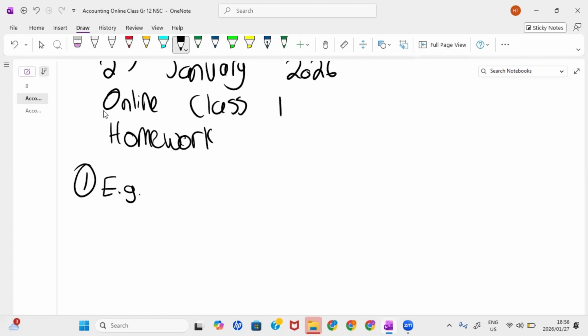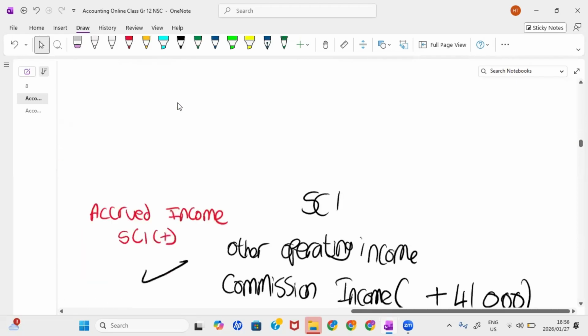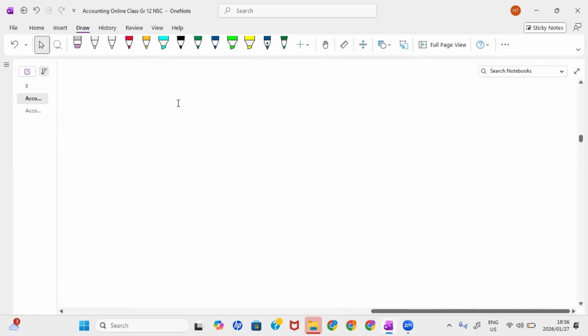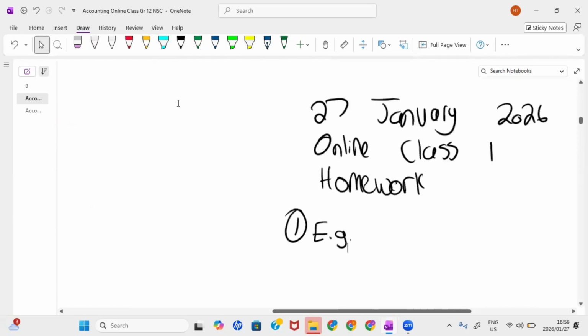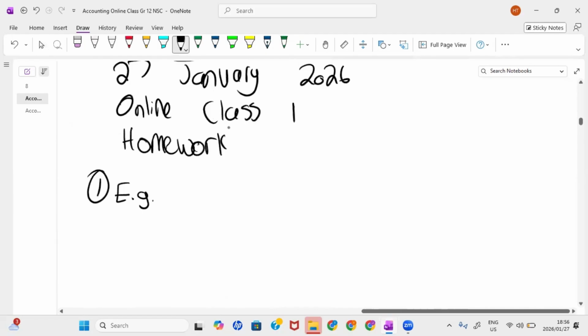So as you can see here, the first item is ordinary share capital. So you are going to write here something like this. Ordinary share capital.